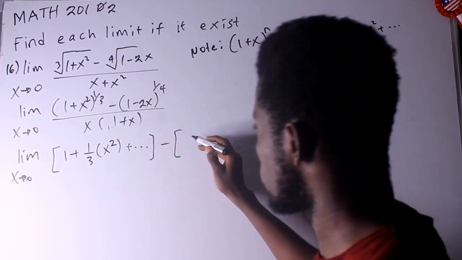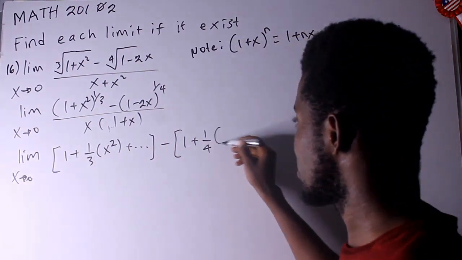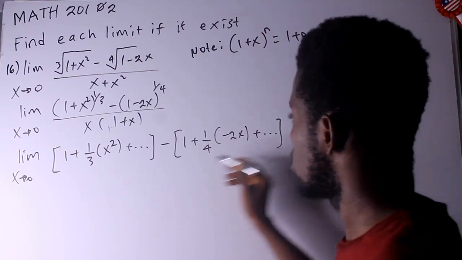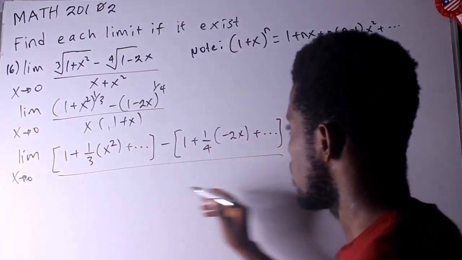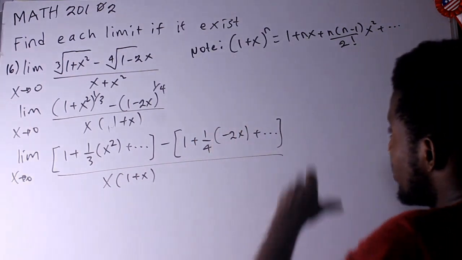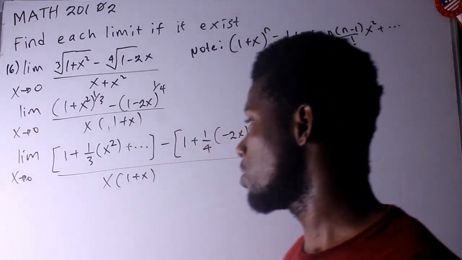I'll take the first two terms, 1 plus, your n is 1 over 4 times x is negative 2x plus dot dot dot, all divided by x times 1 plus x. Remember, I did not take the third term because the third term will go to 0.